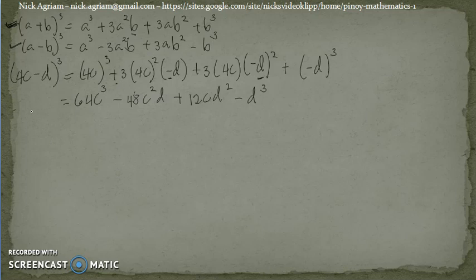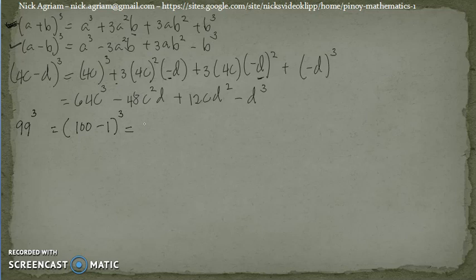Another application of the cube of a binomial is, for example, your teacher said that you're going to calculate 99 raised to the power of 3. Then you can express this as (100 minus 1) raised to the power of 3. Then you can use this pattern.